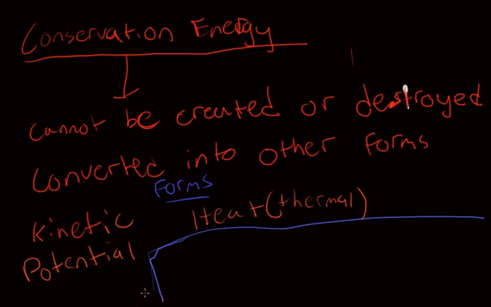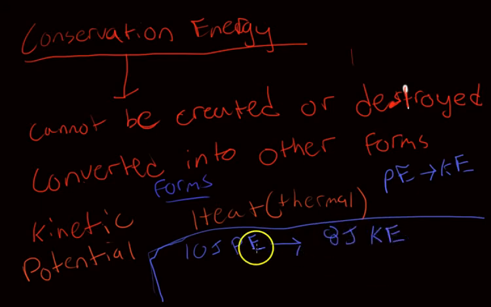Before it started moving, it had 10 joules of potential energy, because the spring holds that. Then it starts moving, and PE, potential energy, goes to KE, kinetic energy, so you have that big arrow. But then you see it only goes to 8 joules of KE. It looks like 2 joules of energy got destroyed.